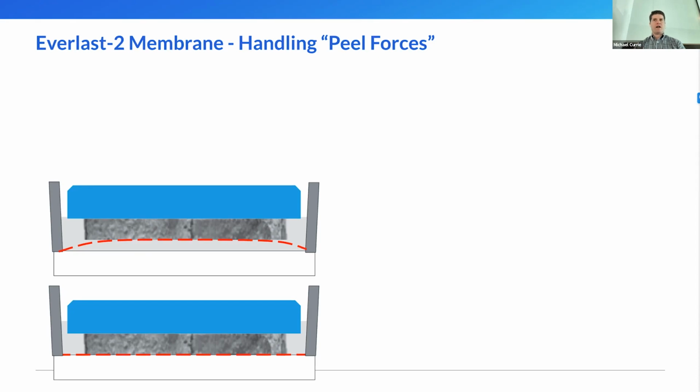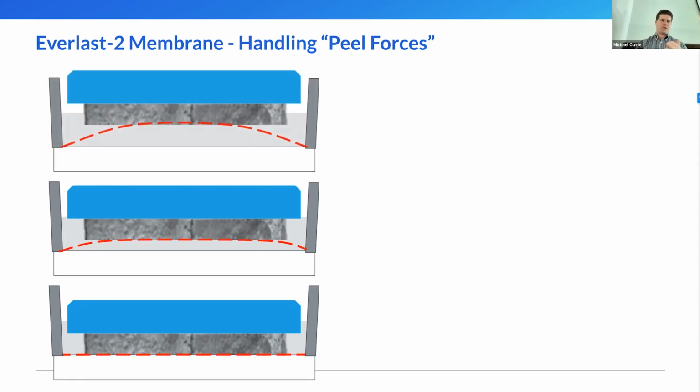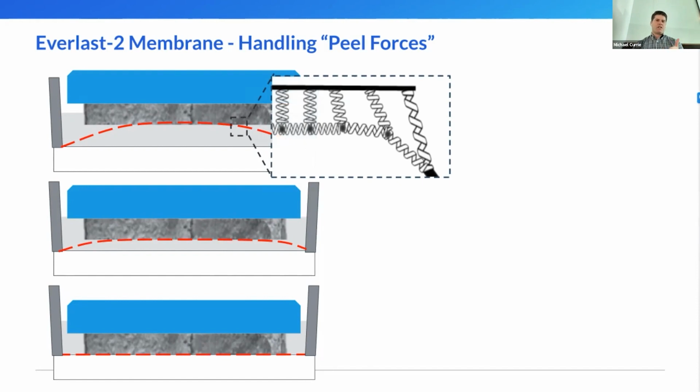As it lifts higher and higher, you can start to see at the edges of this part, you'll get this tape peeling effect. This is happening in 1 dimension in this diagram, but it's actually happening in 2 dimensions on your actual parts themselves. And the idea here is that it's much easier to break one of these bonds at a time by having this stretchy layer.